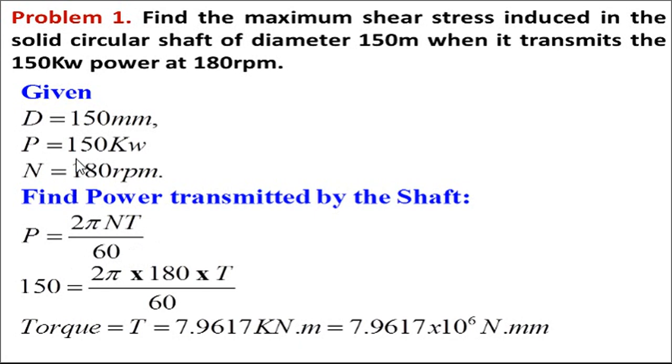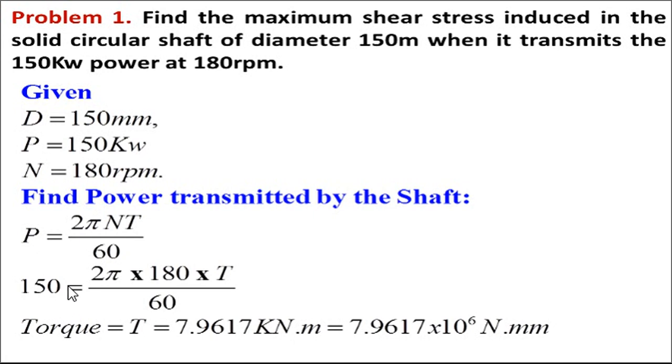Okay, so putting all the values, power is 150 kilowatt, so 150 into 2 pi into N is 180 rpm. Then T you have to calculate, divided by 60. So torque T is equal to 7.9617 kilonewton meter.